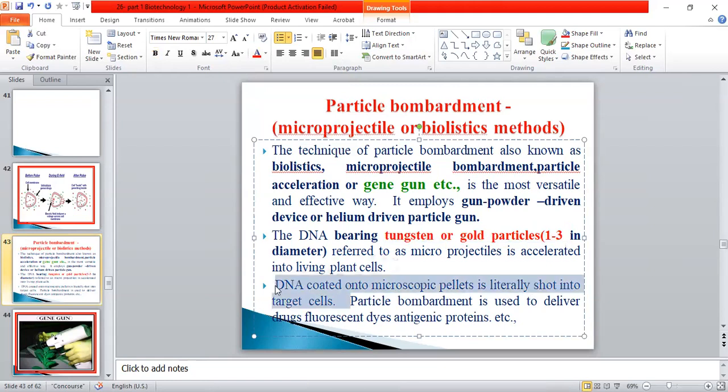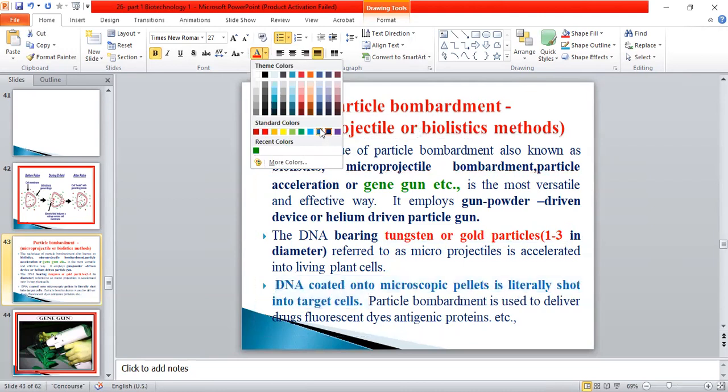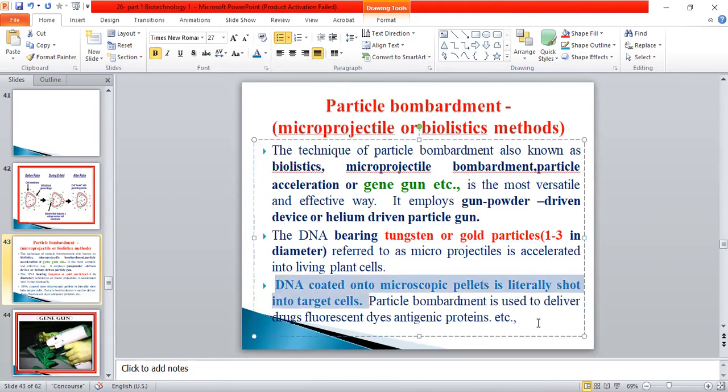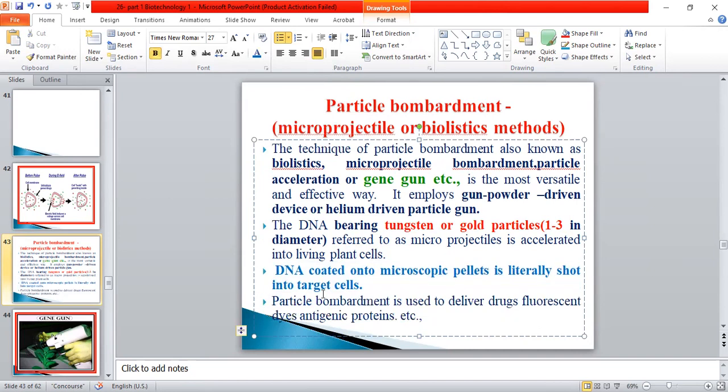This is the aim. We are focusing on the target cells. The particle bombardment is used to deliver drugs, fluorescent dyes, antigenic protein, etc. These are the important points.